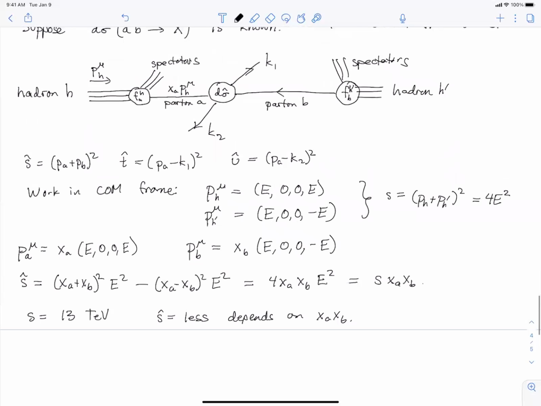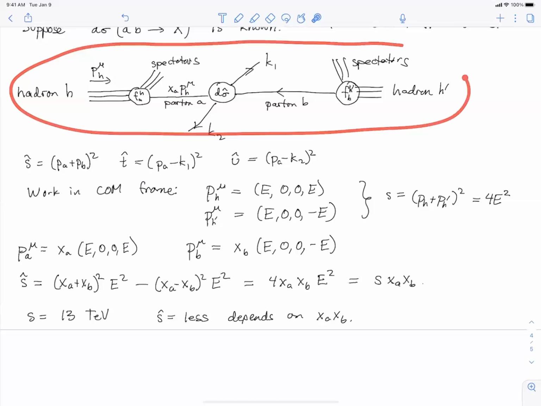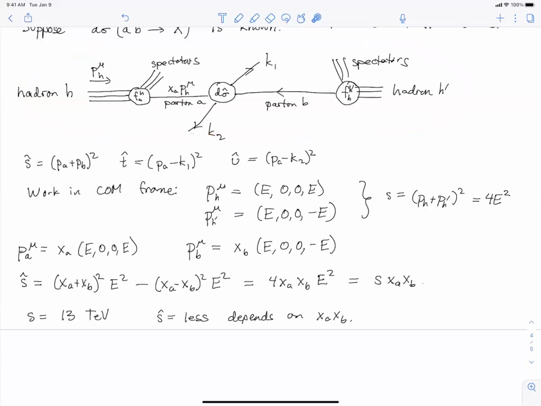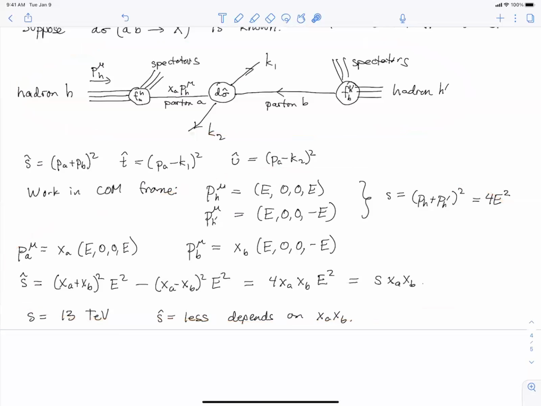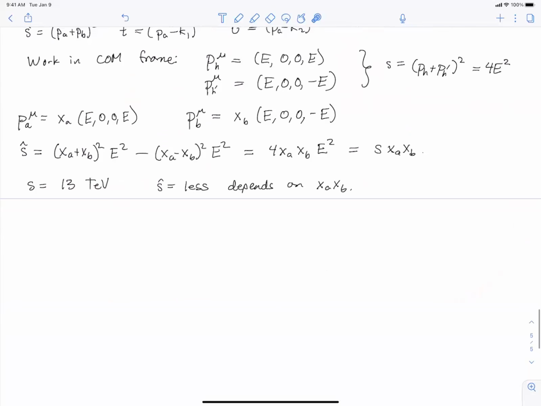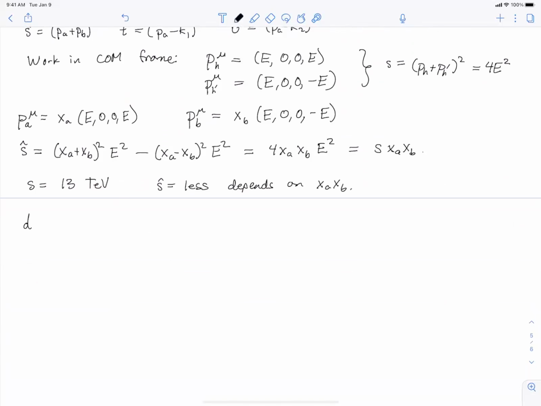Okay, so we're now ready to take this cartoon and this information about the kinematics, and turn it into an actual formula. So let me write down the formula. The total cross-section for hadron H and H prime going to X is the following.